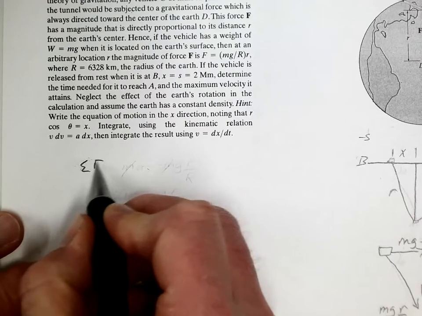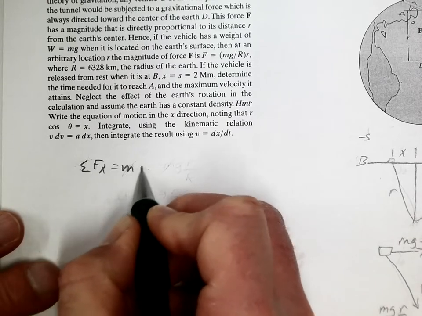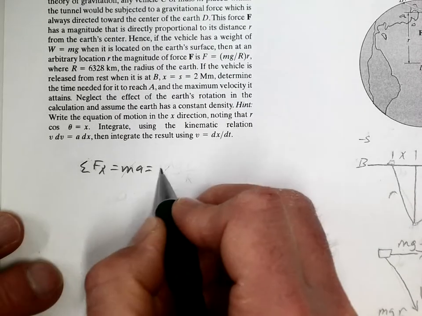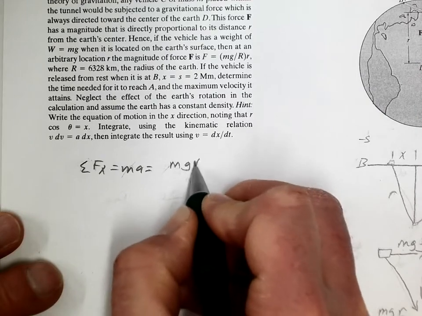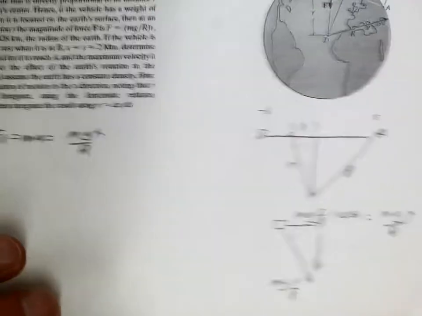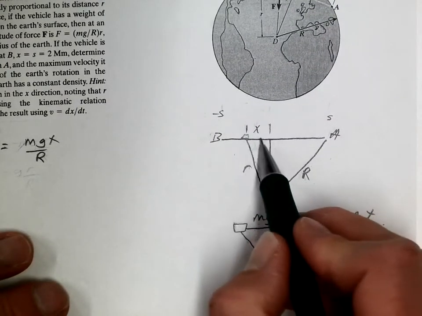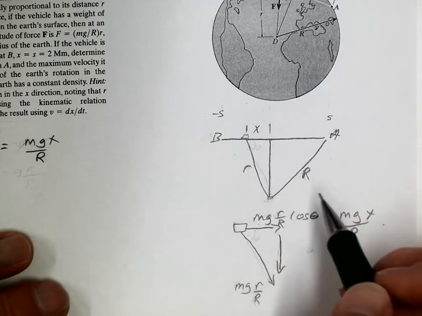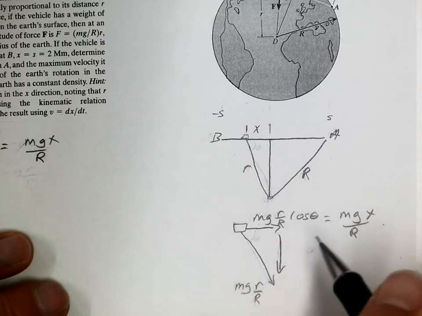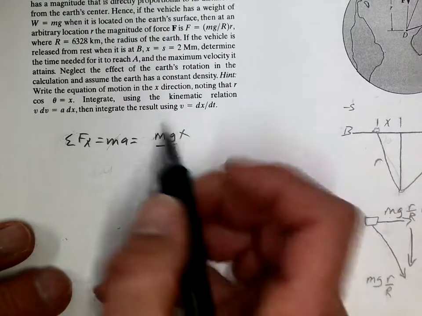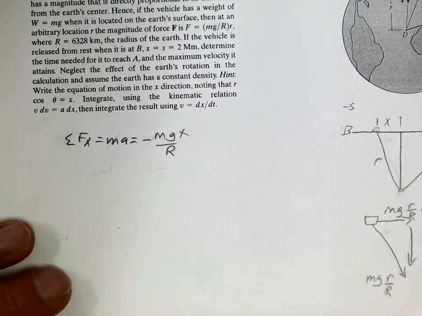Okay, so let's sum our forces. The sum of the forces in the x direction equals ma equals mgx over R. Now, we're actually on the negative side of x, so this is negative. So let's put a negative sign in front.